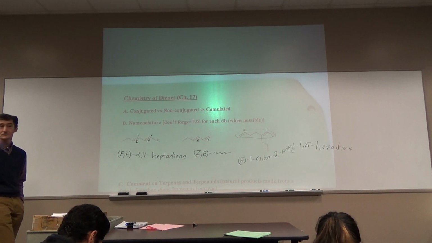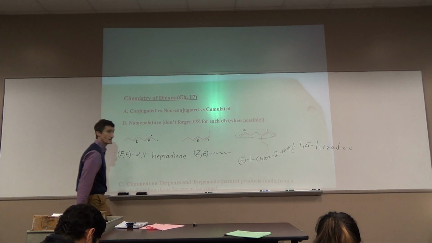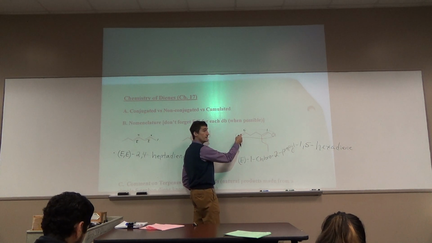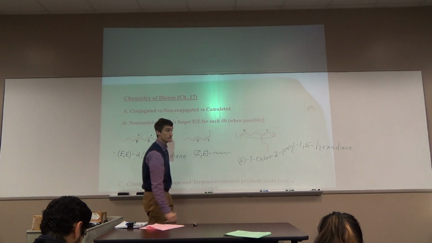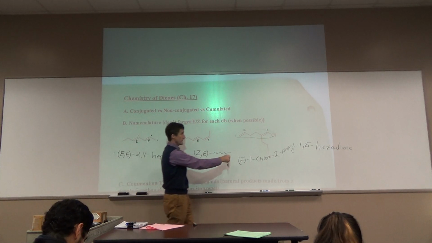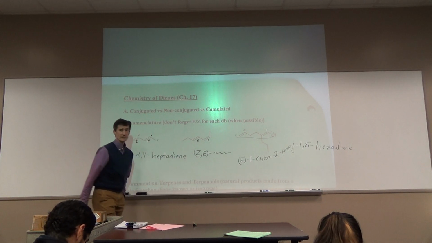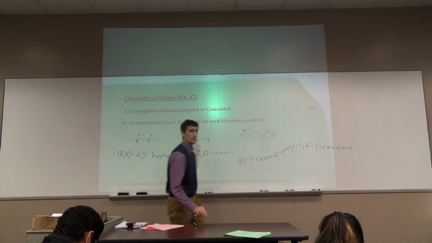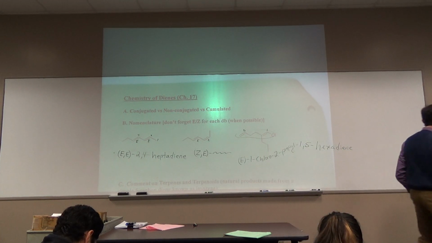Do we need a second E or Z? No, this alkene is not stereogenic. All alkenes up here are stereogenic except for that one, so we did not need an E or Z. How's the nomenclature look? Should be pretty straightforward. Consistent?